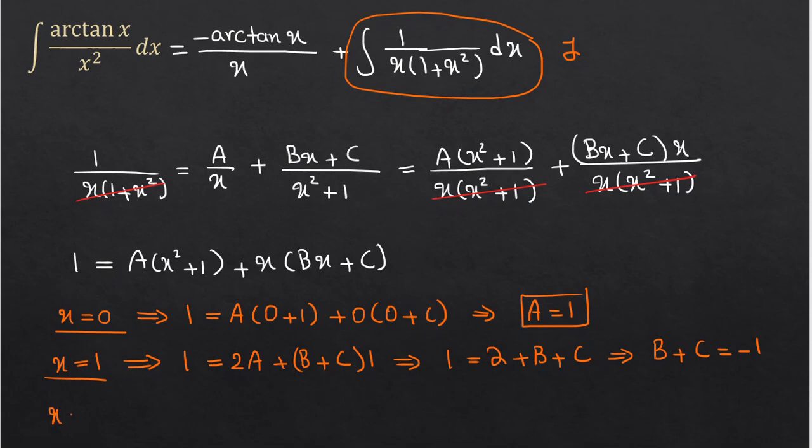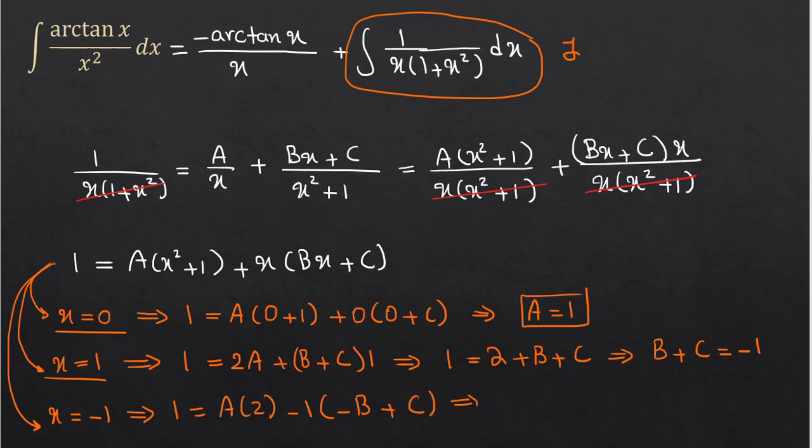Finally I set x to minus 1. From that I have a times 2, minus 1 times minus b plus c. If I simplify that, I have that 1 is equal to 2 plus b minus c, and from that b minus c is equal to minus 1.